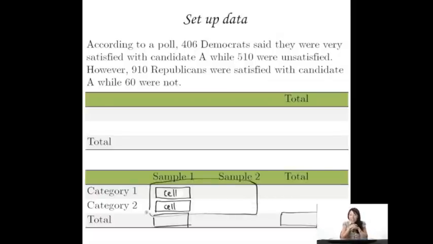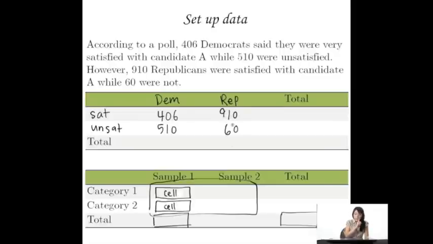So let's try that here with the Democrats and Republican example. So I'm going to put Democrats up here, Republicans up here, satisfied and unsatisfied. And all I need to do is make sure I find the correct information and put it into the correct cell. 910 satisfied, 60 are not.